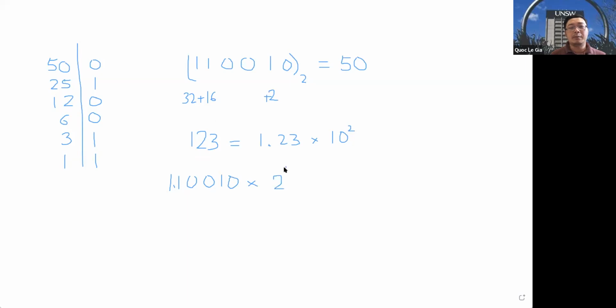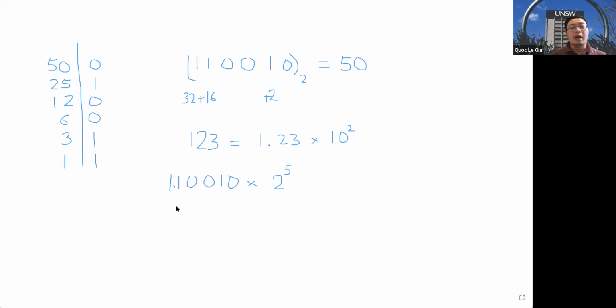Then I multiply by 2 to the 5. This is my previous number, but I just write it in terms of a fraction. So why do I do this? I will explain in a second, but let us just see that this is what we call floating point numbers.